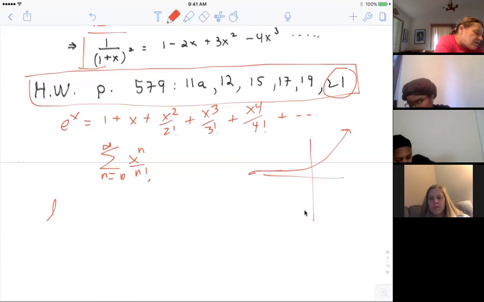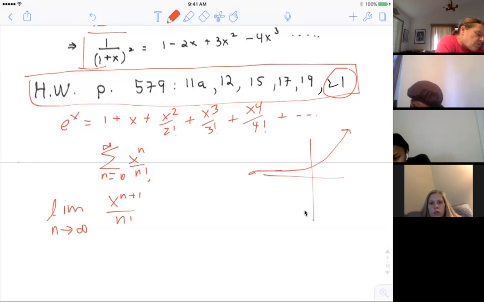All right, I'm going to use the ratio test to find out where this thing converges. The limit as n goes to infinity of x to the n plus 1 over n plus 1 factorial, and x to the n over n factorial.